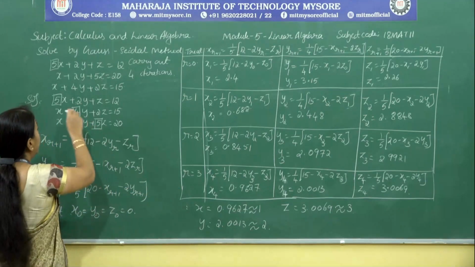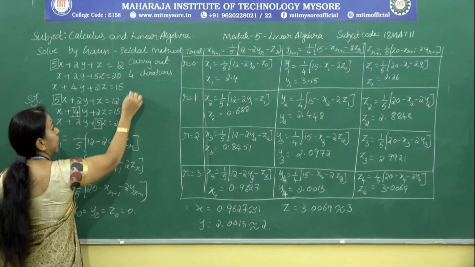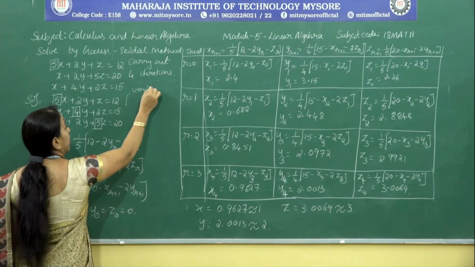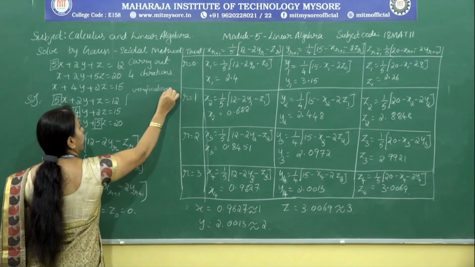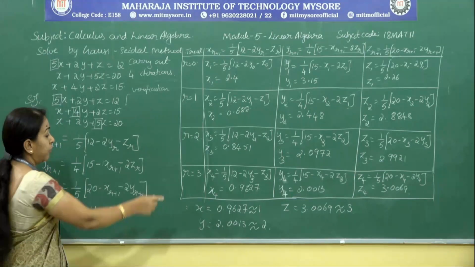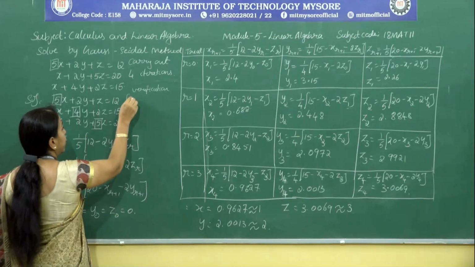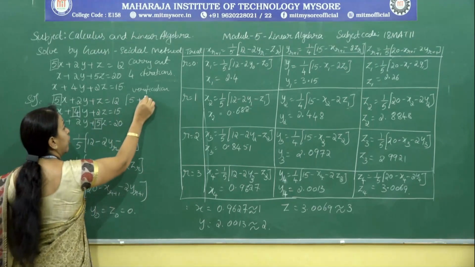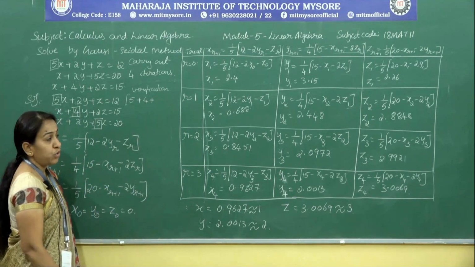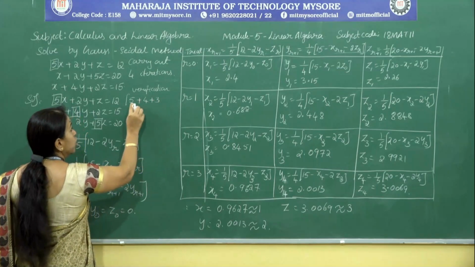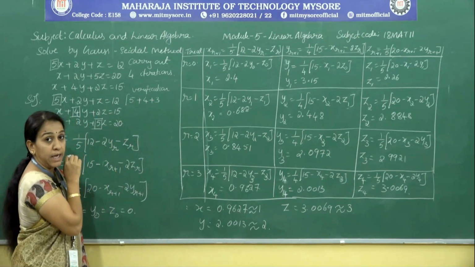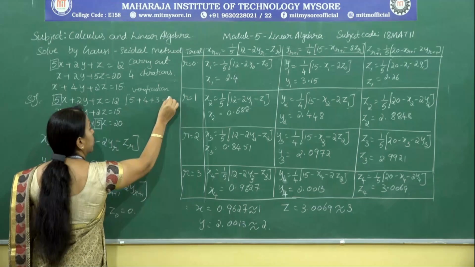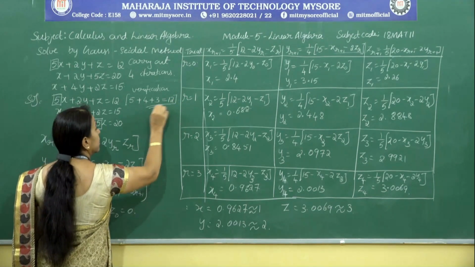So this is the verification part. If I put x equal to 1, 5 into 1 is 5, plus y equal to 2, so 2 2s are 4, plus z equal to 3, so we have 3. So 5 plus 4 is 9, 9 plus 3 equal to 12, so your answer is correct.